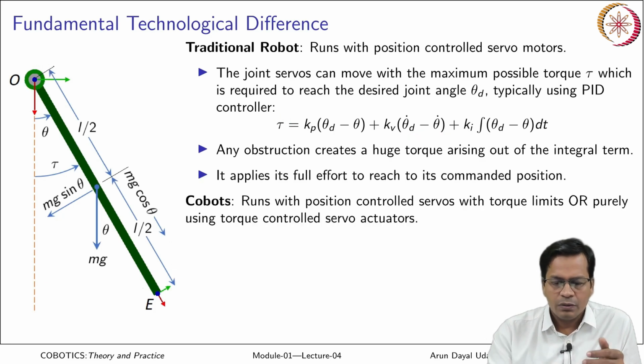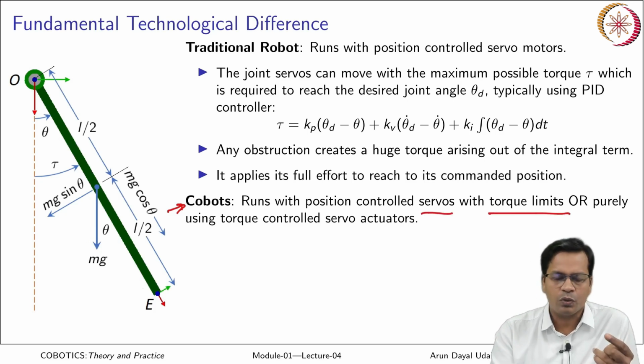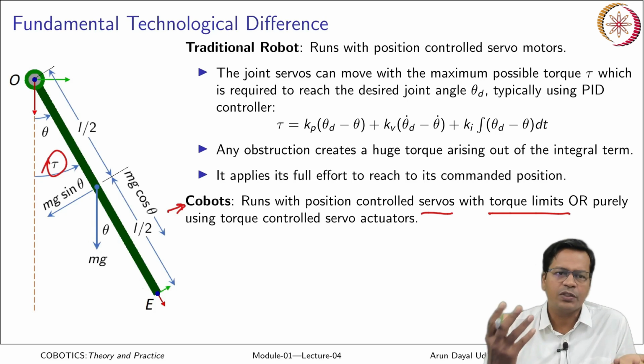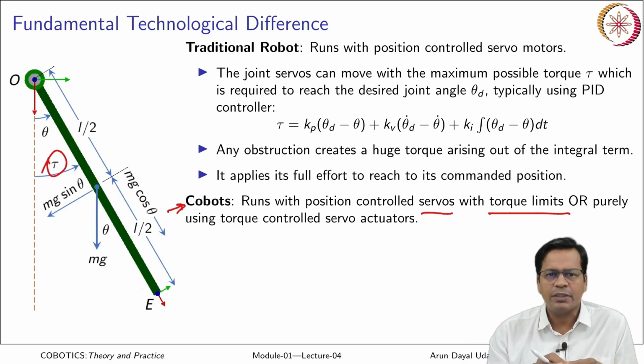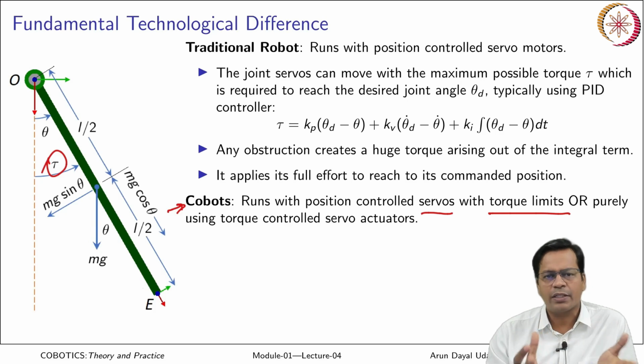Whereas in the case of cobots, it runs with a position controlled servo with torque limits. So it also cares about the torque. It continuously keeps track of torque by measuring the current, or sometimes it physically has a torque sensor at the joint, a strain gauge torque sensor, or maybe an encoder difference kind of torque sensor.